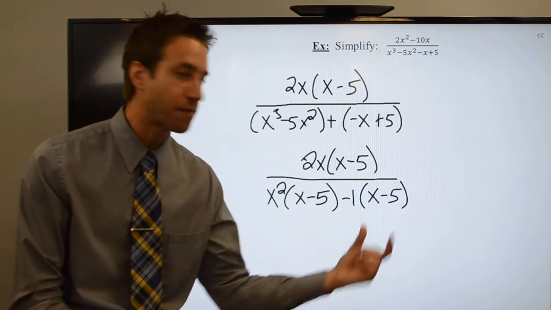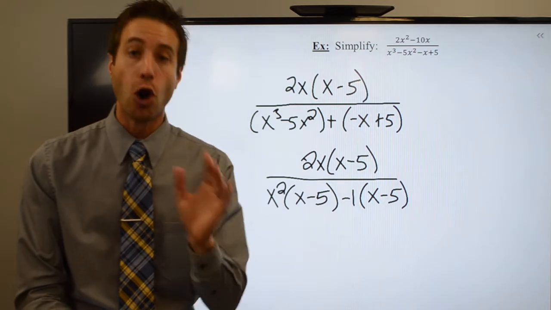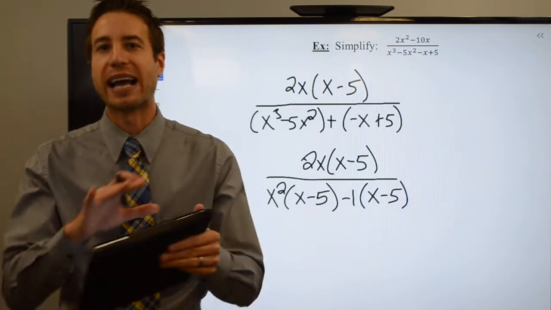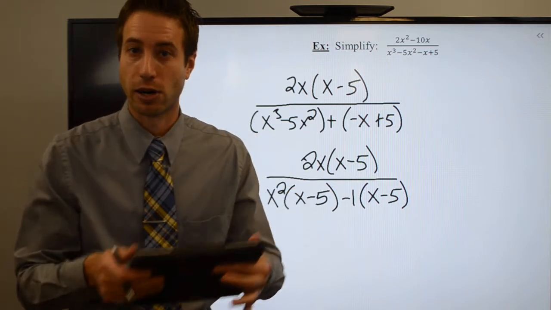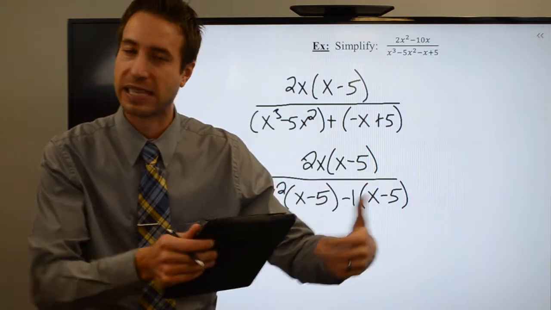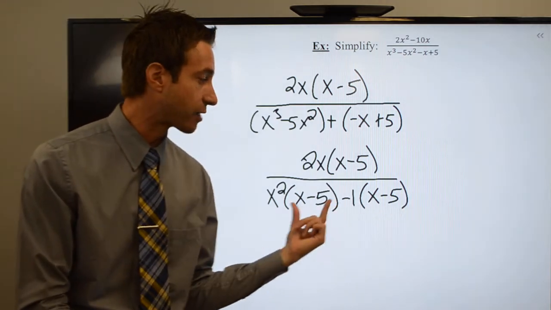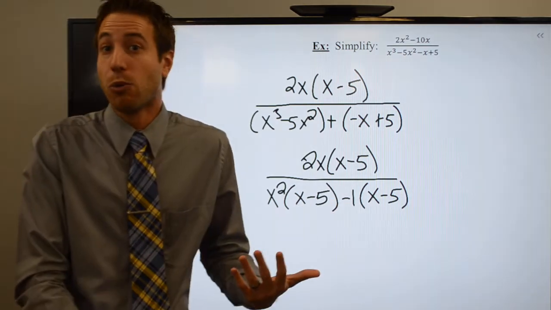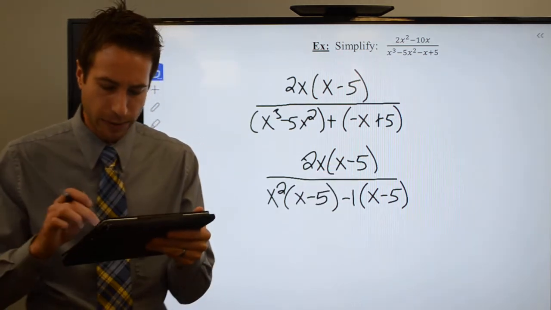If these leftover factors are not the same, either you made a mistake or you'll want to try a different grouping. Maybe instead group the first and the third term and the second and the fourth term together and try finding a GCF for those. But I got these factors the same, so it worked and they match what I have on the top. So I'm feeling really good about the way this is going.